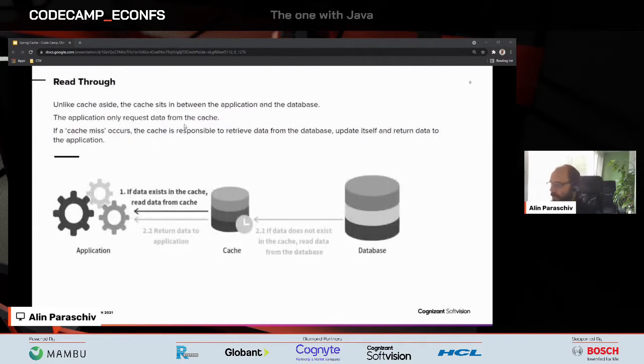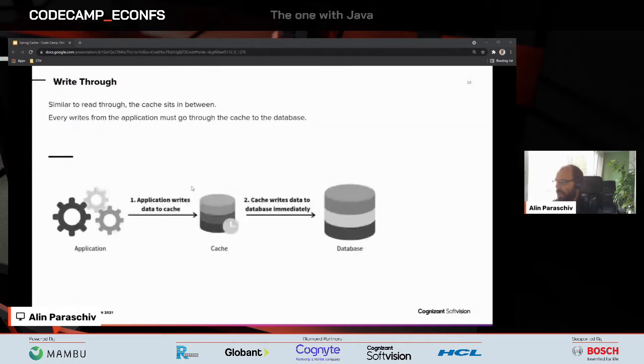Now with the read-through, the cache is situated between the application and the database. For a request of data, it will request it from cache. If cache miss, then the cache will retrieve the data from the database, update that data in cache, and return it to the application.